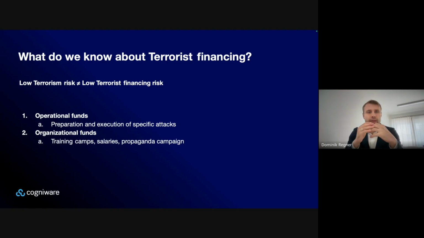For example, that group might use the country's financial system to hide and move money abroad, and those funds could then be used to carry out an attack somewhere else. So even if a country doesn't see attacks on its own ground, it can still be part of the financing chain. That's very important to understand.